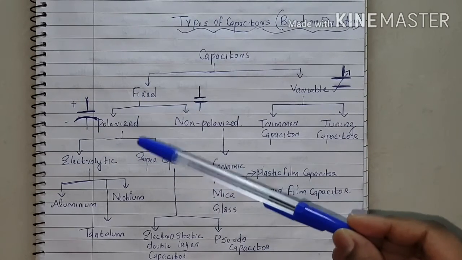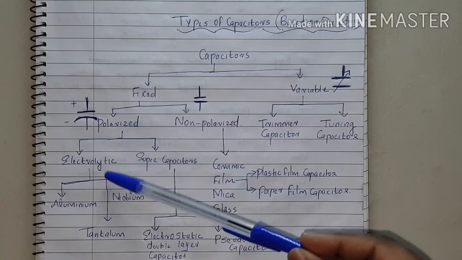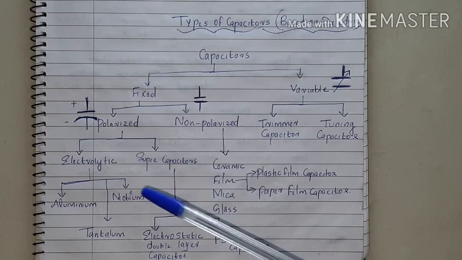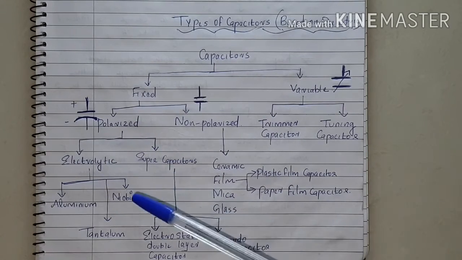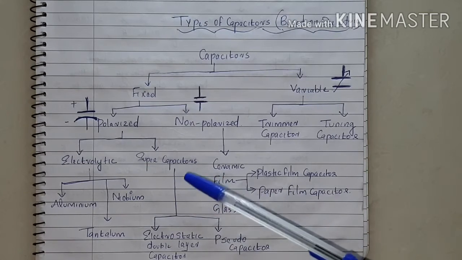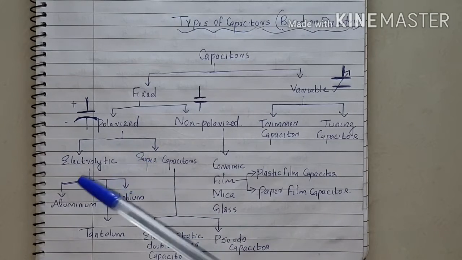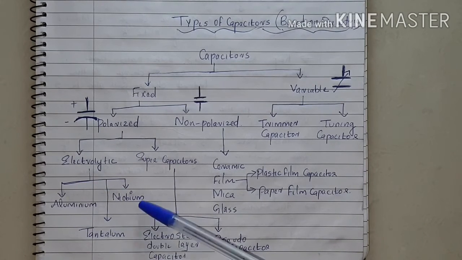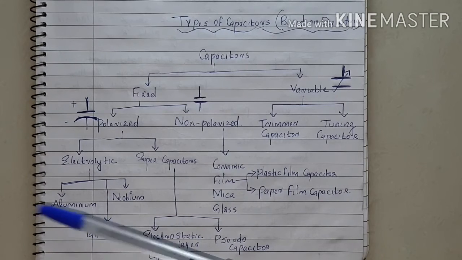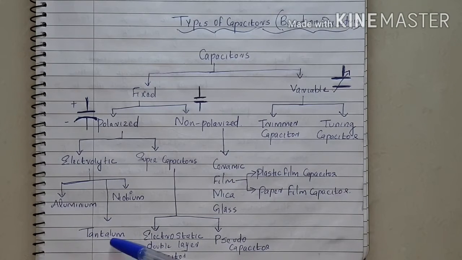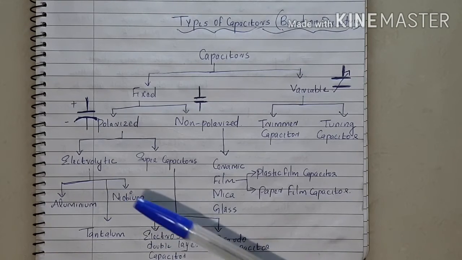The polarized fixed capacitor is again subclassified into two types. One is electrolytic capacitor and second one is supercapacitor. The electrolytic capacitor is again subcategorized into three types. One is aluminum capacitor, second one is tantalum capacitor, and third one is niobium capacitor.